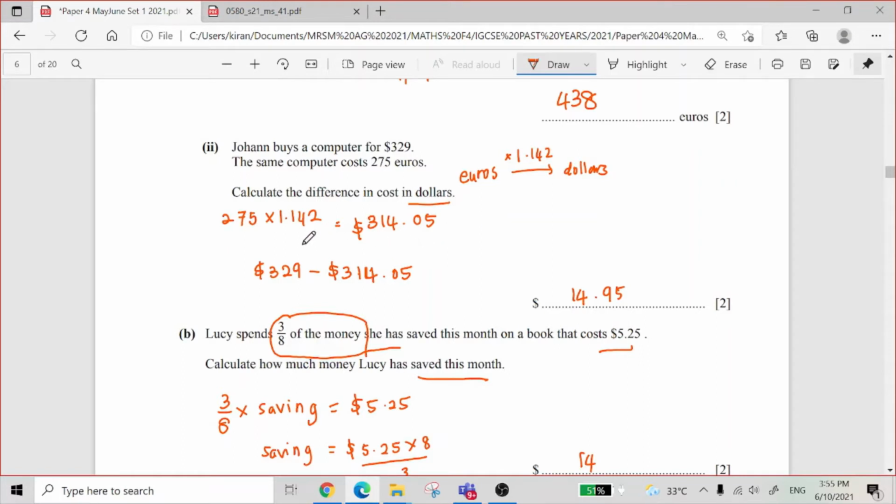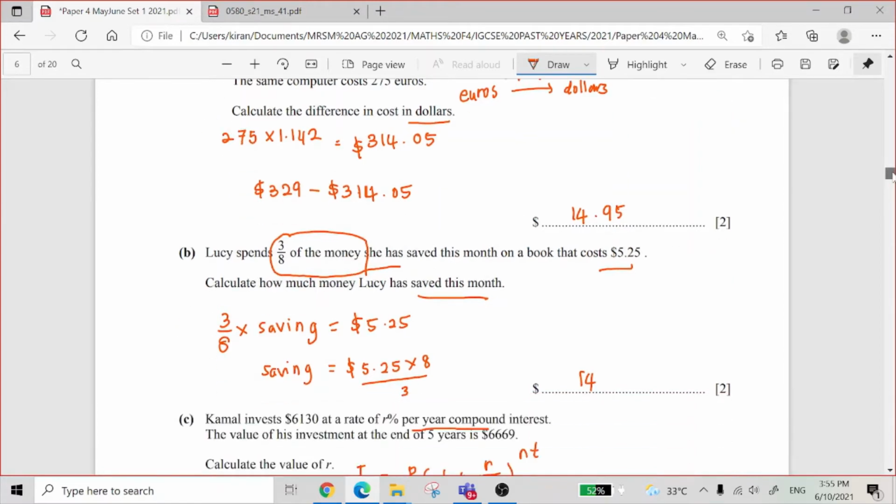So we multiply 275 by 1.142, and we get $314.05. That is the cost of 275 euros. And we calculate the difference: we minus 329 minus 314.05, and we get the difference, which is $14.95.